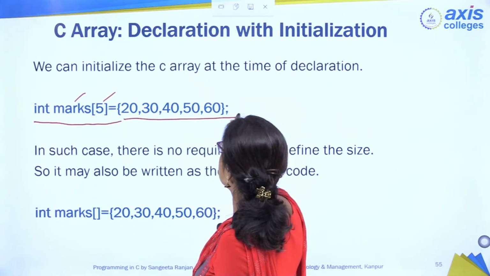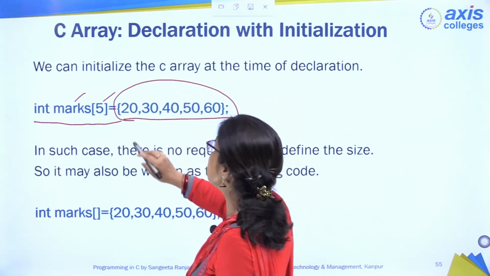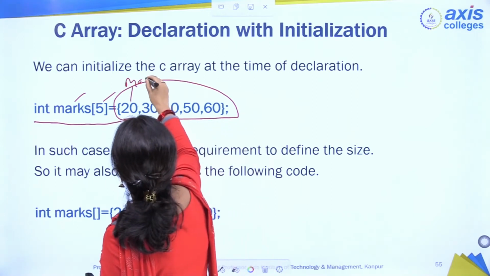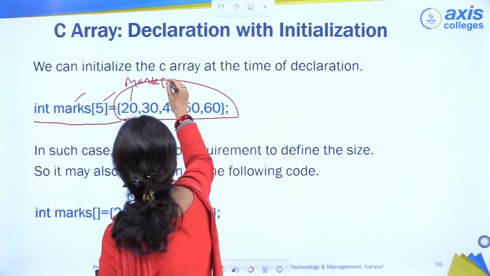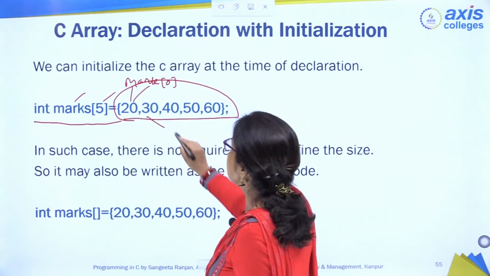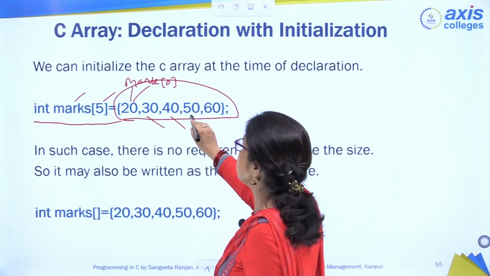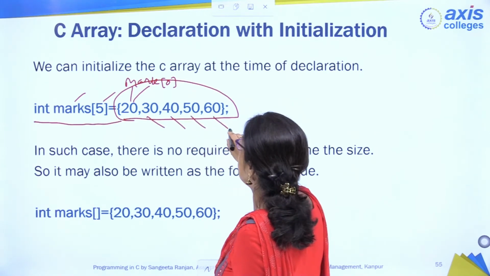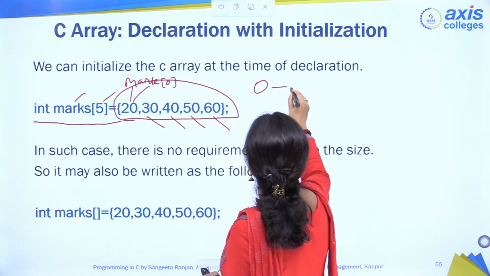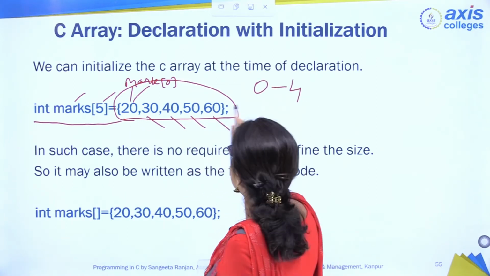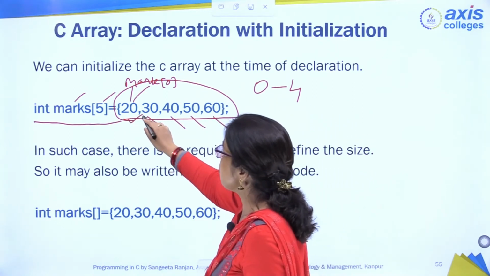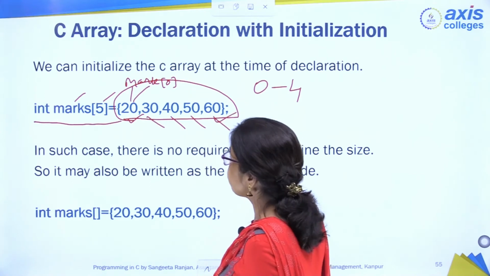We have to initialize at the time of declaration. 20 is the value of marks[0], 30 is the value of marks[1], 40 is the value of marks[2], 50 is the value of marks[3], and 60 is the value of marks[4]. That is from 0 to 4. Size is 5, so the indexes should be 0 to 4. The first is 20 and the last one is 60.